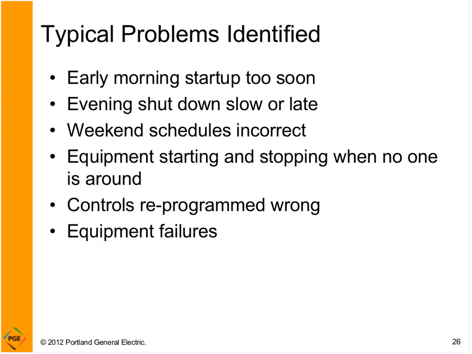Weekend schedules are incorrect. Equipment starting and stopping when no one is around, that's always a good one to find. Controls reprogrammed wrong, we've seen that before. And also equipment failures. So just a few things you can find right off the bat usually, having interval data.